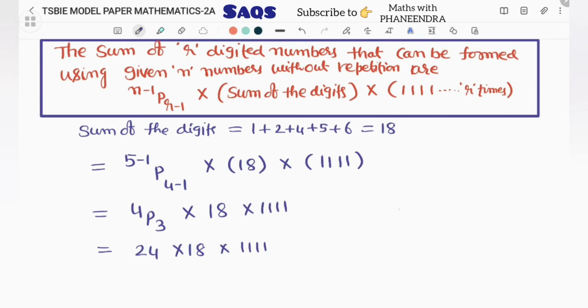So 24 into 18. 18 4s are 72. 18 2s are 36. 36 plus 7, so 43.